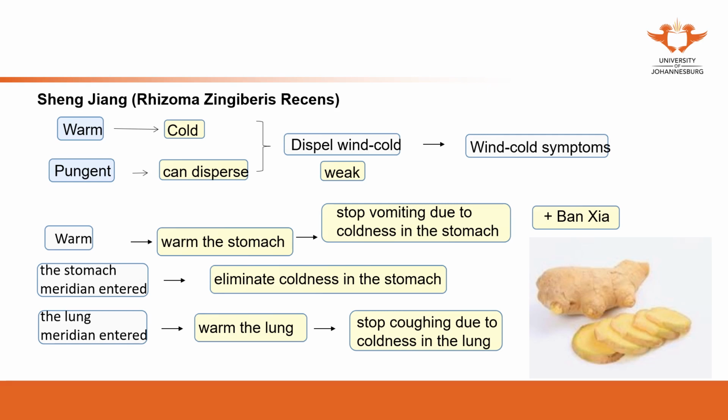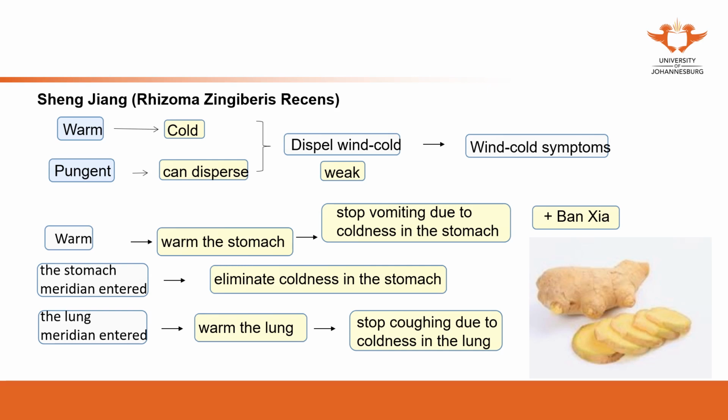You cook the ginger, you add sugar. So we have introduced the ginger brown sugar tea. The ginger brown sugar decoction can be used in dysmenorrhea, when a lady suffers from painful menstruation. And the ginger brown sugar tea also can be used in mild flu or mild wind cold syndrome.